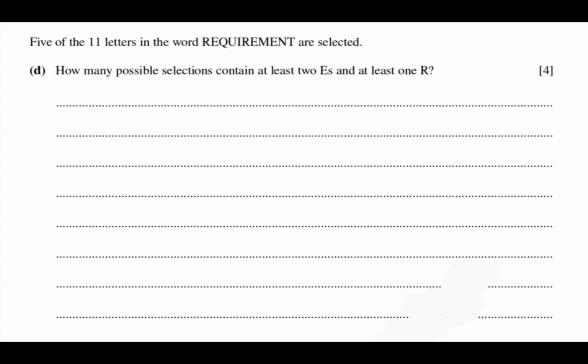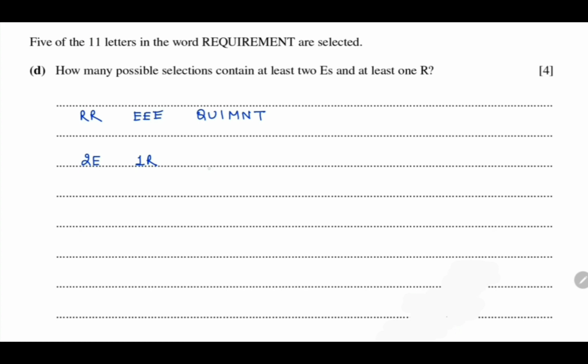So this question is almost similar, but here I have to select, if you see, there are 2 R's and 3 E's in requirement, and the remaining I will write as Q, U, I, M, N, T. So if I have to select at least 2 E's and at least 1 R, finally I have to select 5 letters.